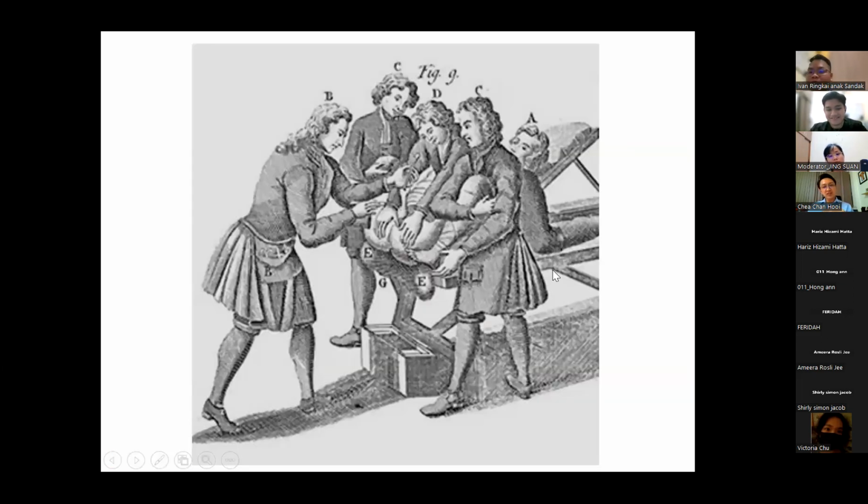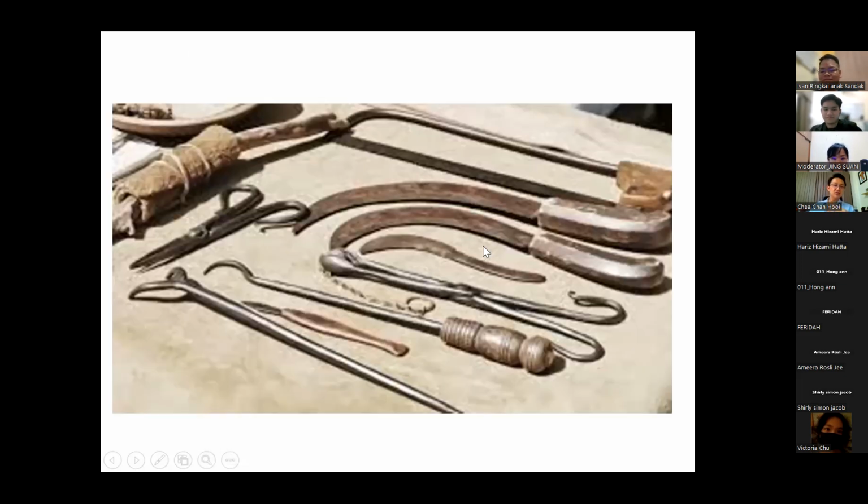Okay, so this is probably a hemorrhoidal procedure being done. A is the unfortunate patient, B is the surgeon, C are probably the nurses, D is probably the anesthetic doctor. Okay, in those days, hardly any anesthesia was given. So you can just imagine how painful this procedure was.